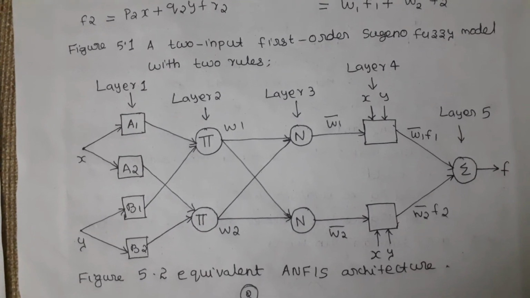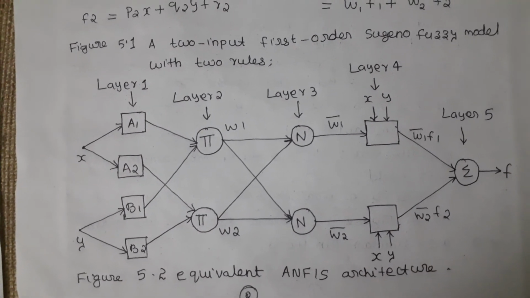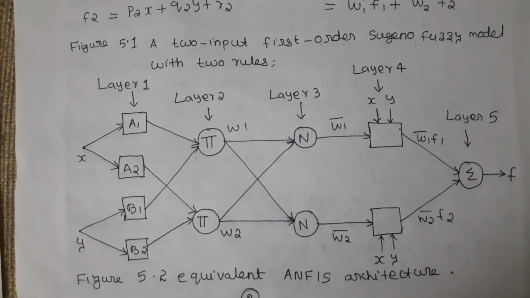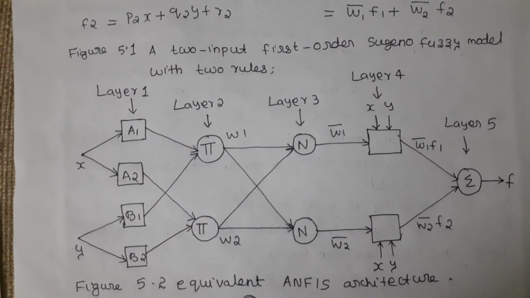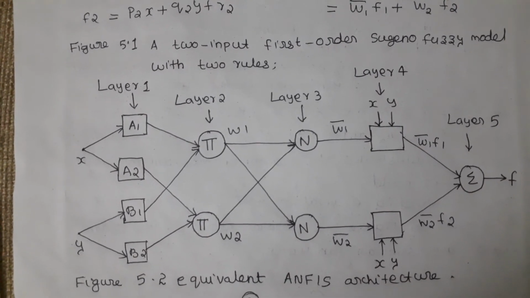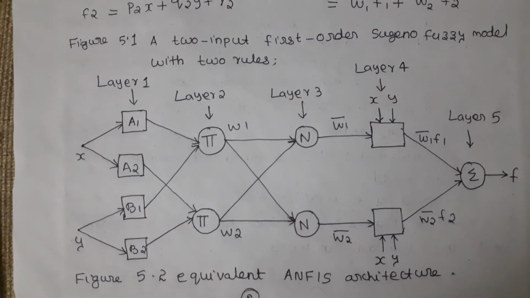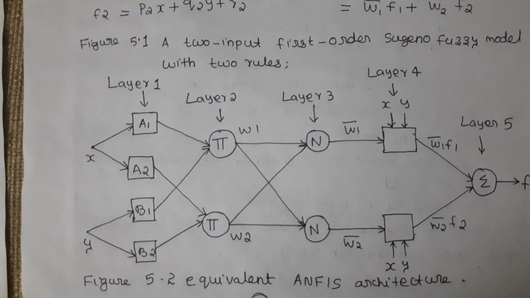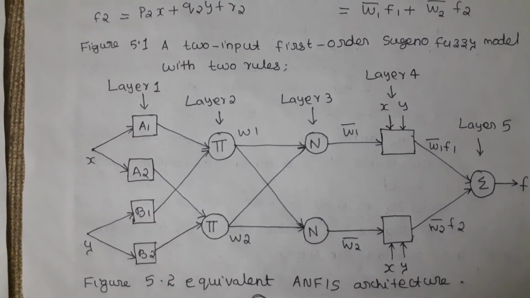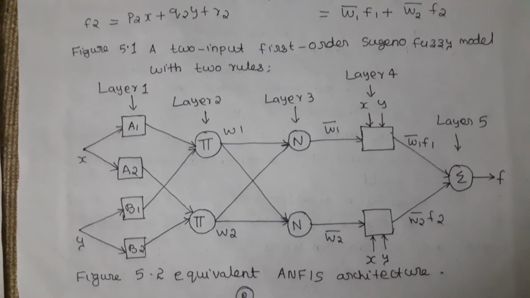That is, the square of the error signal should be minimum; that is what the least square method says. So in the forward pass, we use the least square method. Next is the backward pass. The error signals propagate backward and the premise parameters are updated by the gradient descent method.